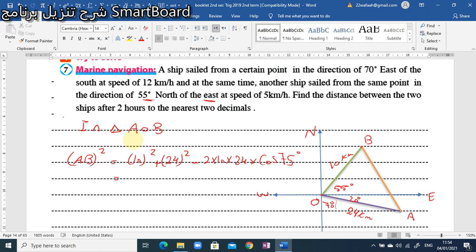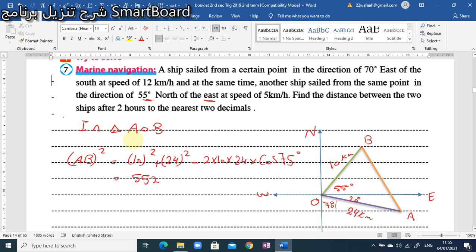I will calculate it. The answer will be 552, approximately.